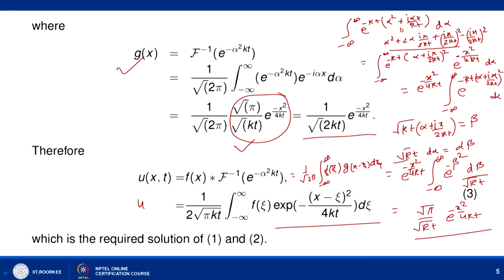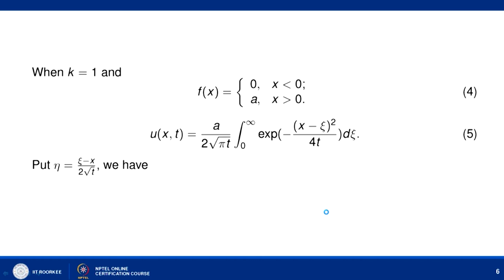So, our solution u of x, t is given as 1 upon 2 root pi kt integral from minus infinity to infinity f of xi exponential of minus x minus xi whole square upon 4 kt d xi. So, this is our solution, and once we know our initial condition, we can find our temperature distribution at point x at time t by this formula.